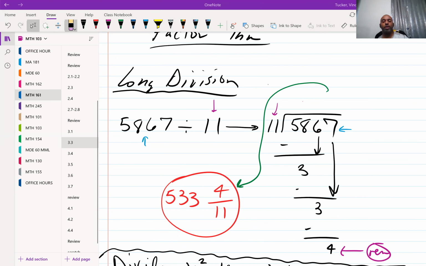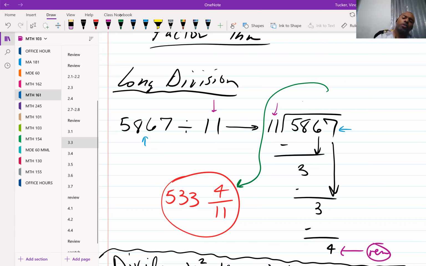So I just wanted to re-emphasize how you would roll when you have the long division process that you're trying to implement. So 5,867, we want to divide that by 11. Notice the position of your division. 5,867 goes under your division sign. And then your divisor is 11, and that goes on the outside.